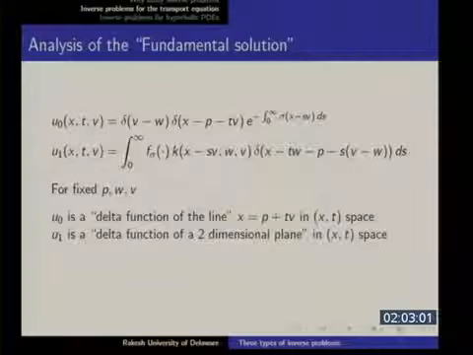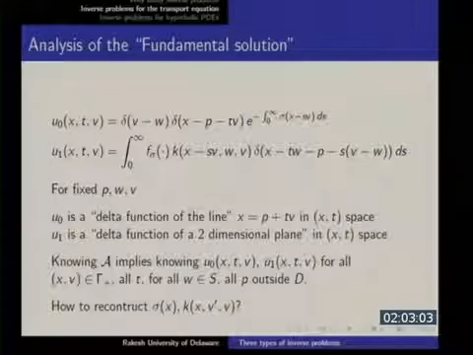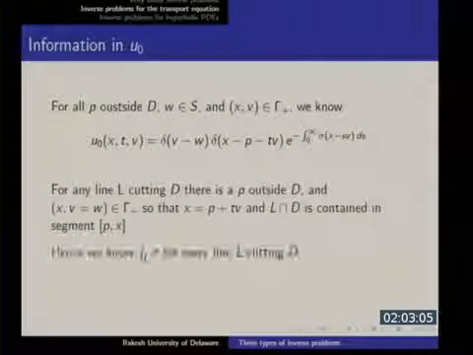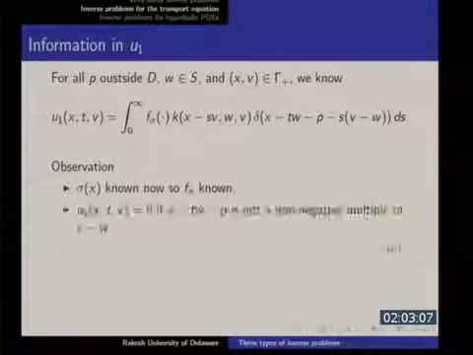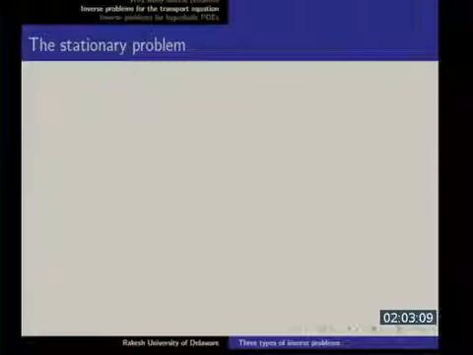So what I want to do next is I want to go to the stationary problem, okay, where you don't have information. You're looking at the state of the transport equation when things have settled down to a steady state, okay, that the concentration is not changing with time. And let's look at those problems.